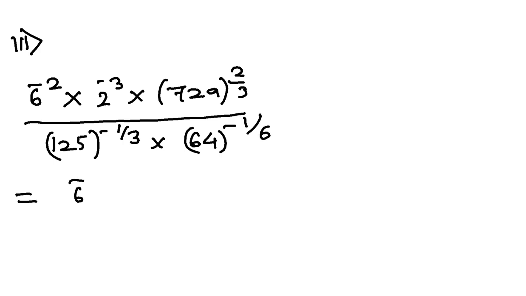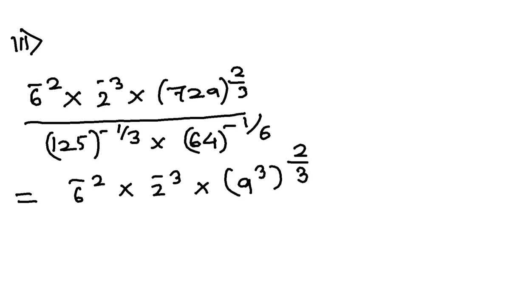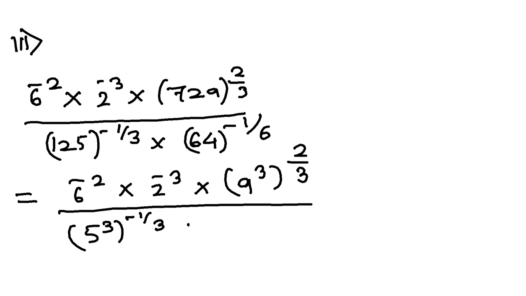So 6 to the power minus 2, nothing can be done over here, nothing can be done over here. 729 is 9 cube. So prime factorize, you will get this will be 9 cube. Or 125 is 5 cube. And 64 is 2 to the power 6.